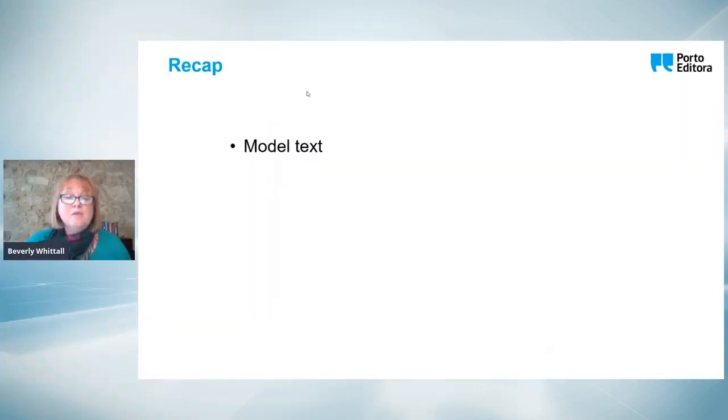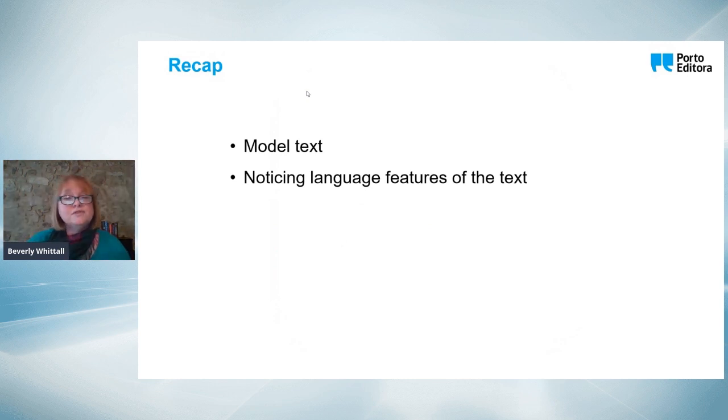So let's recap the framework. Students look at a model text, and we help them to notice certain features and give them an opportunity to practice those features. Then students have time to plan their own text, thinking about how to incorporate the language from the previous stages, and with the support of some guiding questions to help them, and the checklist.